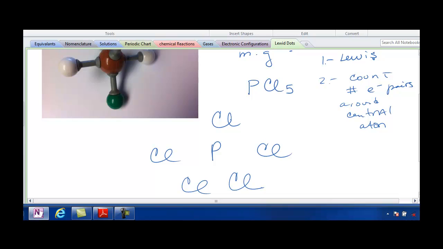We said if chlorine or bromine or iodine or fluorine are present, we're going to treat them just like hydrogen. Remember? Hydrogen had 1 dot and it shared it. Well, chlorine has 7 and it's going to share the 7th. This chlorine has 7 and it's going to share the 7th.